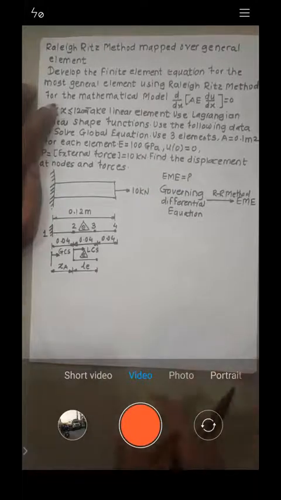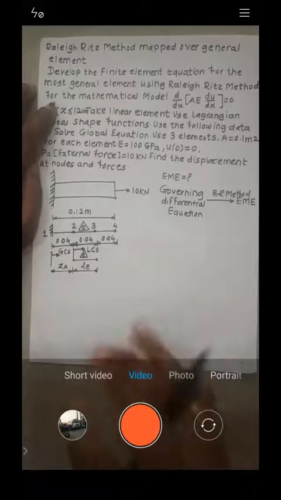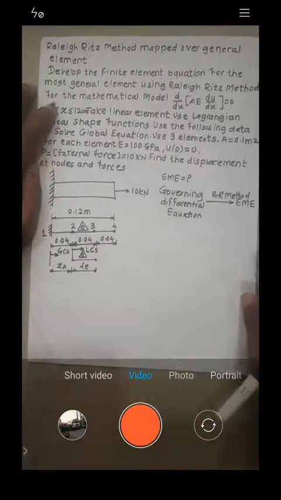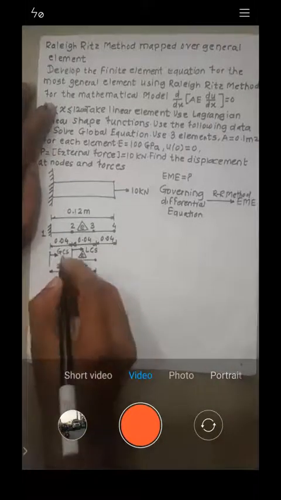But if you are measuring the location of any point with respect to a point lying outside the element or outside the domain, it is called global. Is it okay? Okay, sir.